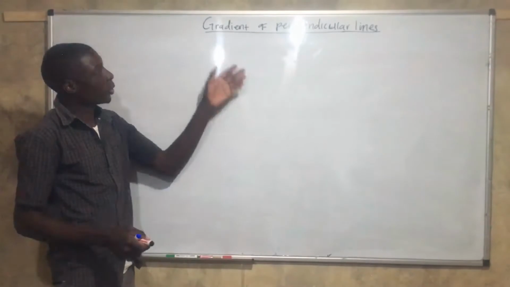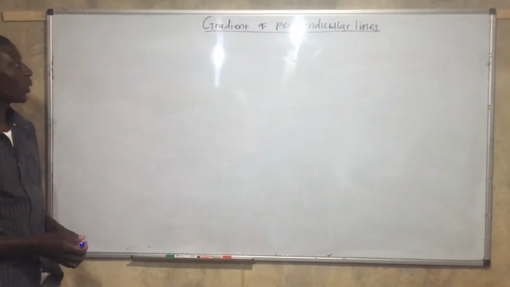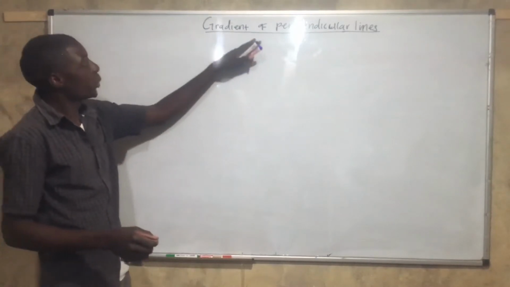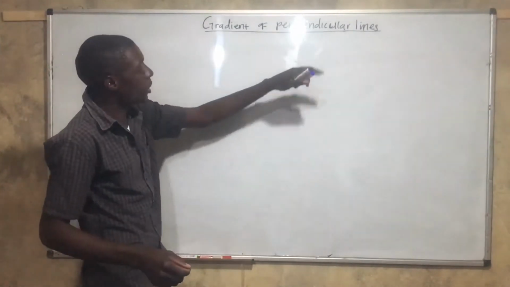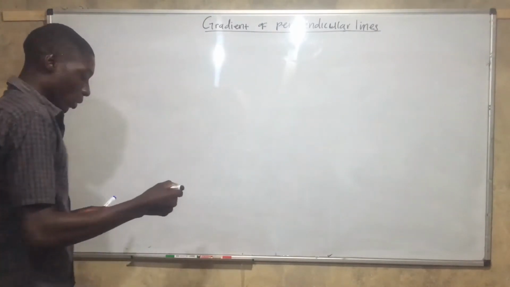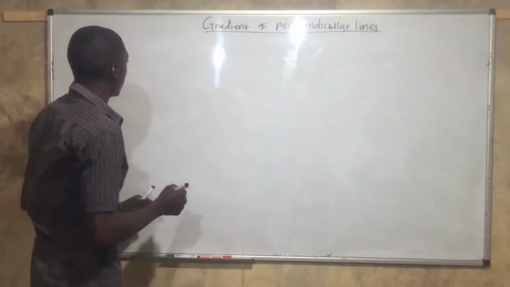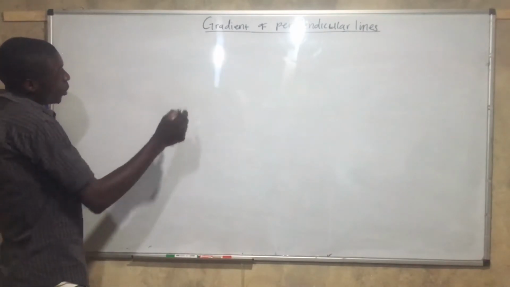Okay guys, we are going to continue looking at the gradient of perpendicular lines. Before we do, we are going to look at what perpendicular lines are. Perpendicular lines are lines that meet at an angle of 90 degrees.